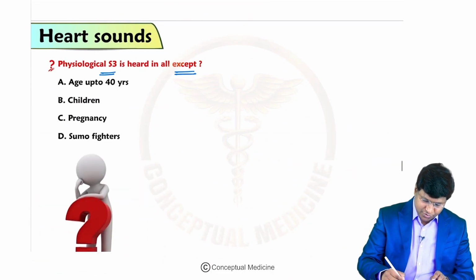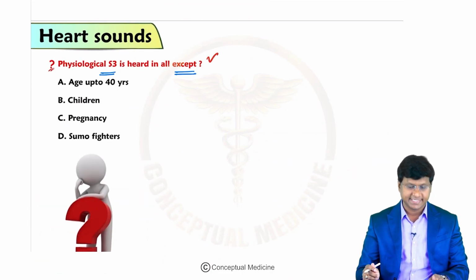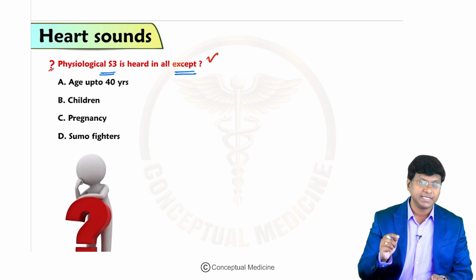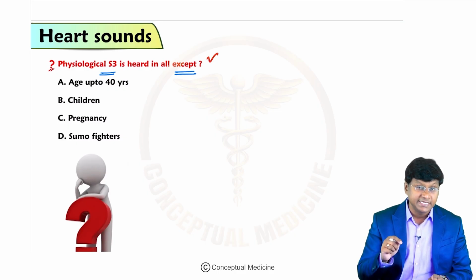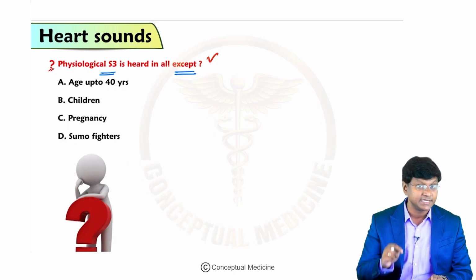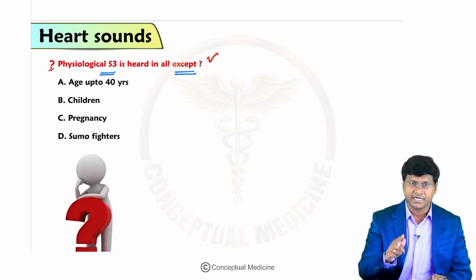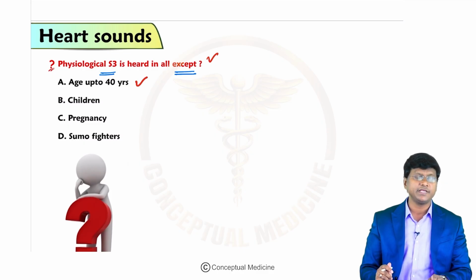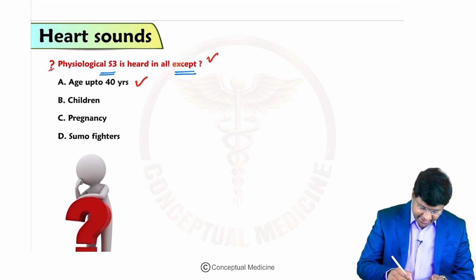So yes, physiological S3 is heard in all except age up to 40 years, children, pregnancy, sumo fighters. So what did I tell you? Physiological S3 is heard in young adults, and the definition of a young adult is age up to 40 years. In children, physiological S3 is heard.